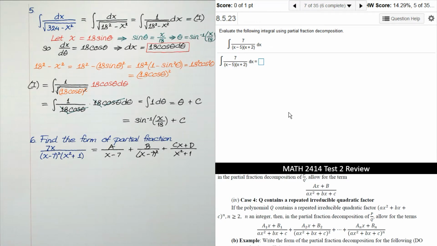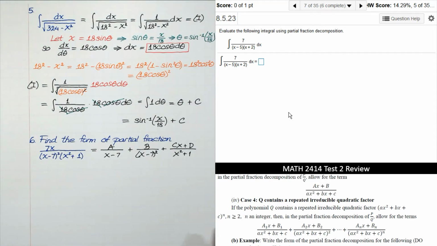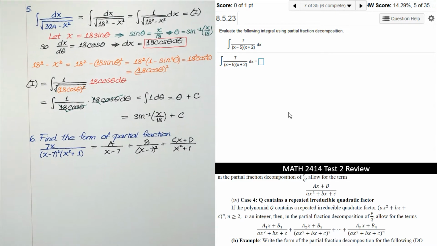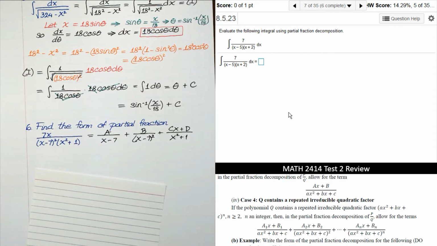Next, evaluate the integral. Before we go any further, it will be extremely helpful if we write out these integrals first.